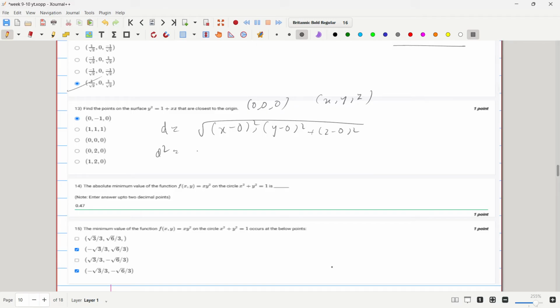So if you take the square of the distance, it will be x square plus y square plus z square. Okay. So this is your objective function. And your constraint is y square minus 1 minus xz.